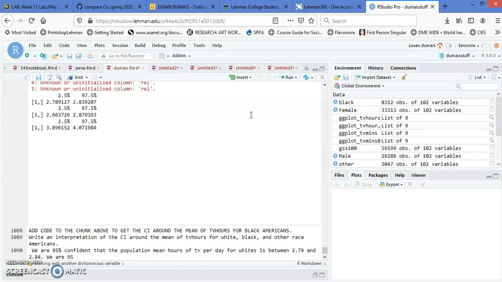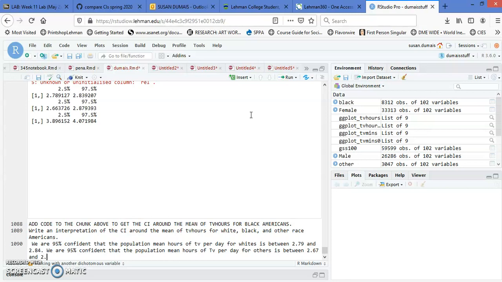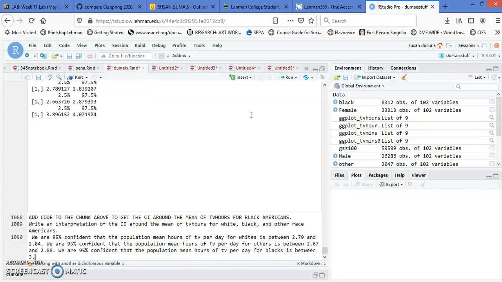We are 95% confident that the population mean hours of TV per day for others is between 2.67 and 2.88. And finally, we are 95% confident that the population mean hours of TV per day for Blacks is between 3.90 and 4.07.